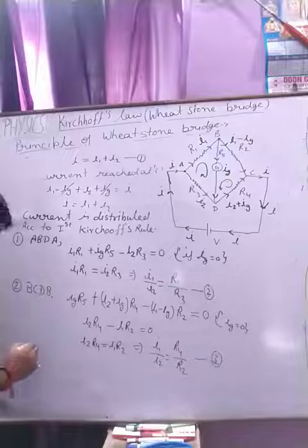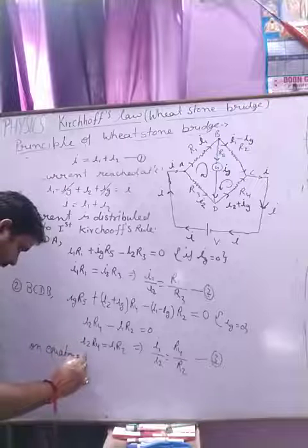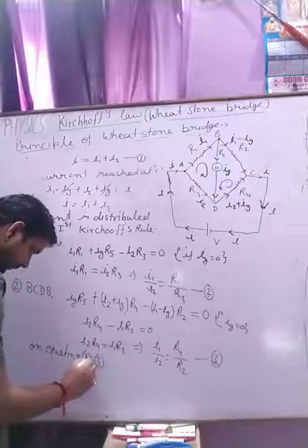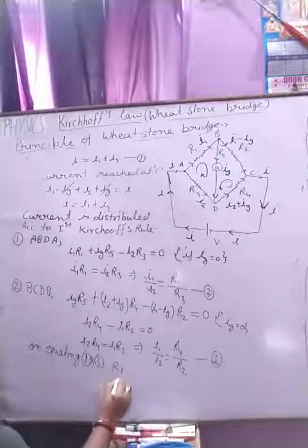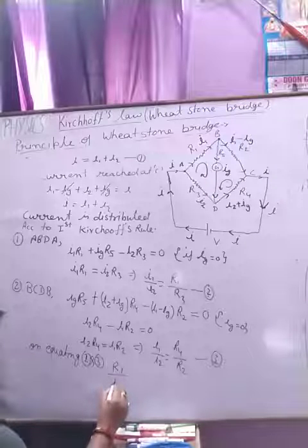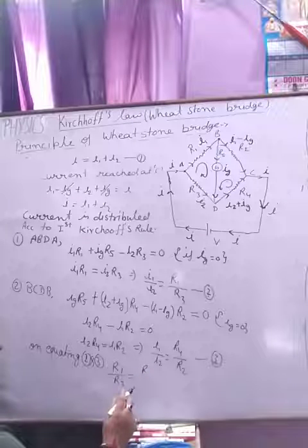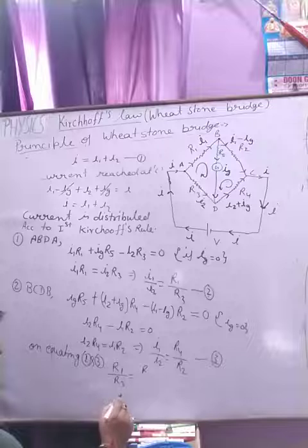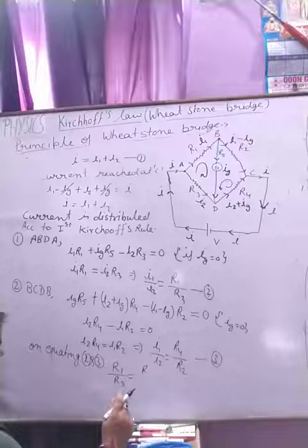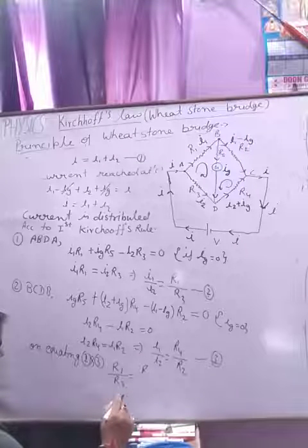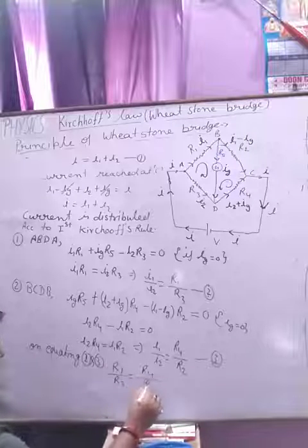On equating second and third, we get R1 upon R3 equal to R4 upon R2.